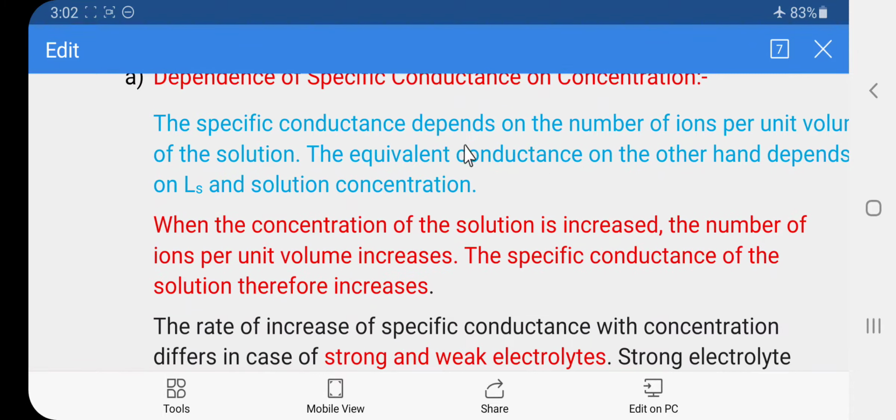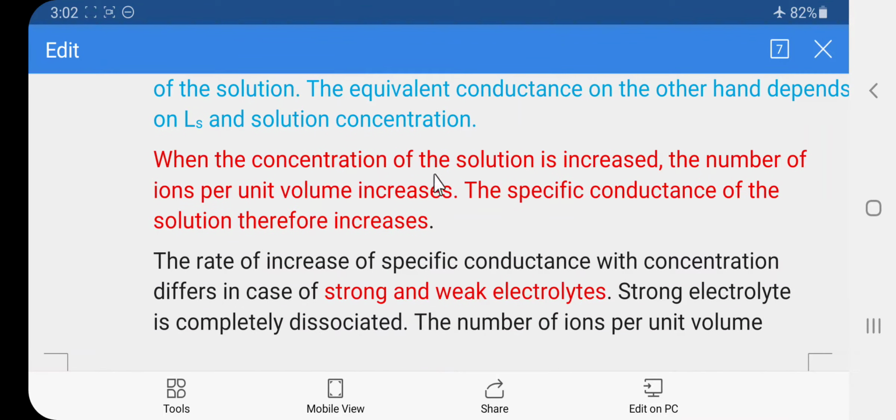The specific conductance depends on the number of ions per unit volume of the solution. That is very important. The equivalence conductance, on the other hand, depends on the specific conductance and the solution concentration.